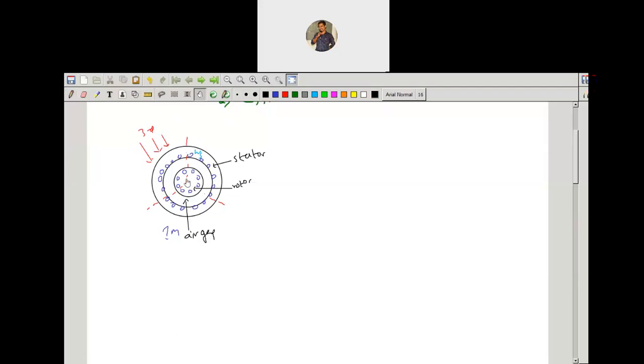The conductors in the rotor are short circuited, so there is a possibility of current. With that current there is a production of a rotating magnetic field, which tries to catch up with the stator speed, and the rotor rotates at the rotor speed, omega r. So omega s is the stator field speed, which we call the synchronous speed.